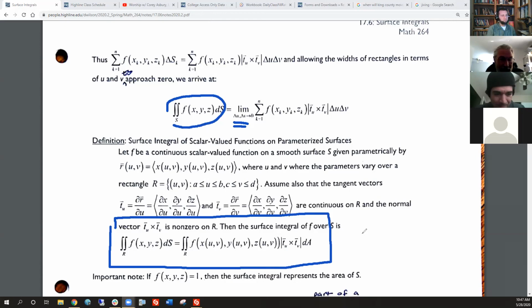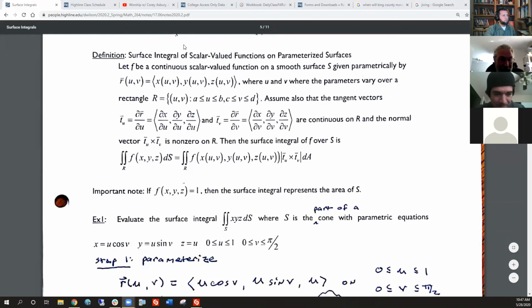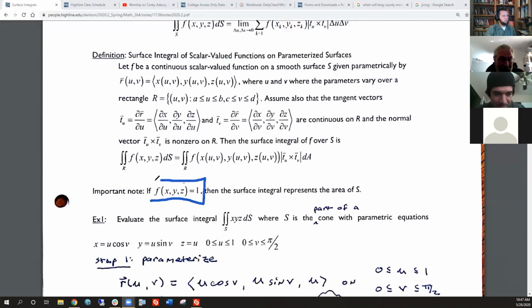Very good. One really important but simple note is as follows. Notice that if your function equals just 1, then you're going to get out the area of the surface. And so we're pretty used to this.